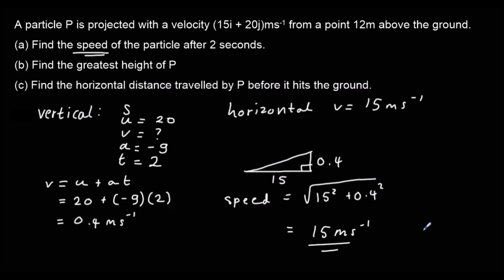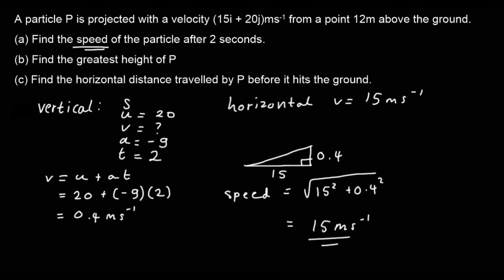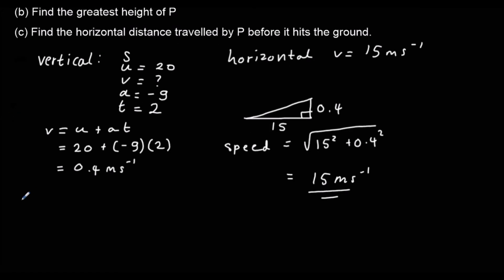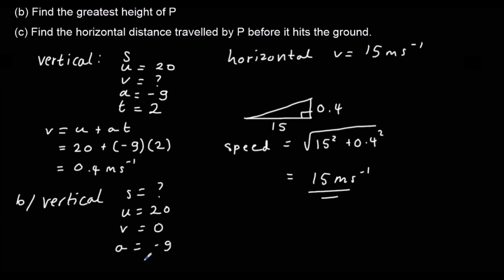Find the greatest height of P. So the greatest height is when it's at the top, so when v equals 0. So vertical component again. So we want to know the displacement this time. u was 20, v is 0, the acceleration is negative g, and we don't know the time.